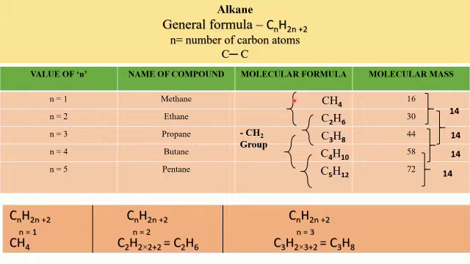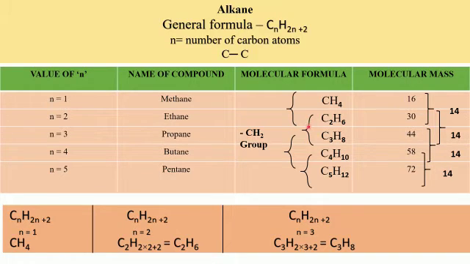We can even say them to be the adjacent members. If I add a CH2 group to the first member, I get the molecular formula of the second member. So C, if I am adding, it becomes C2. 2 more hydrogen atoms I am adding to methane, so it becomes H6.